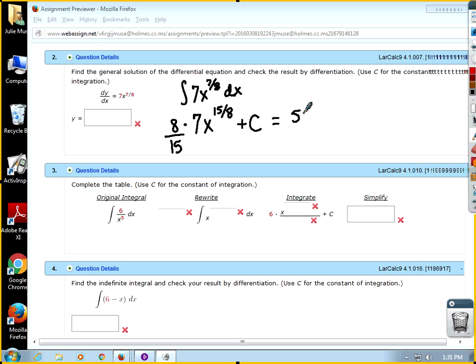Okay, so to clean this up, 8 times 7 is 56. So 56 over 15, x to the 15 over 8 plus c.